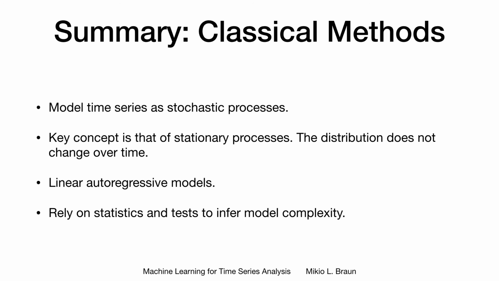The classical approaches for modeling the dynamics of a time series are autoregressive and linear models. Then there are ways to use statistics to infer model order and do the actual fit, and also check later whether the fit is good or not. So this was the overview of the classical methods, and next we will start looking at how to use Python to do time series analysis.